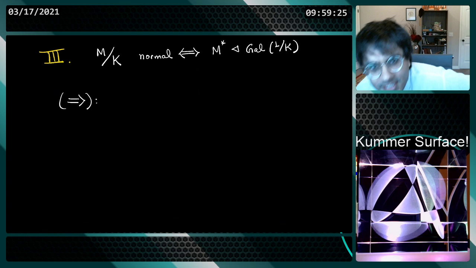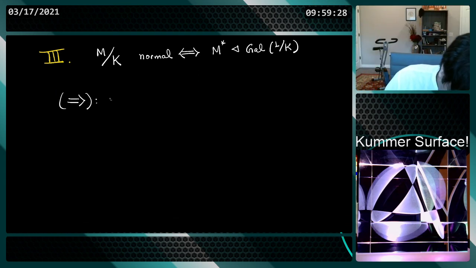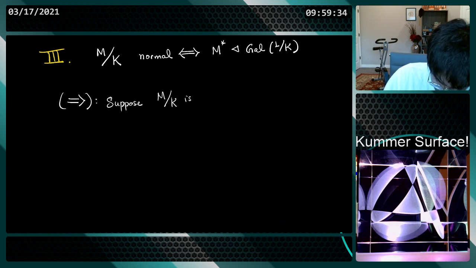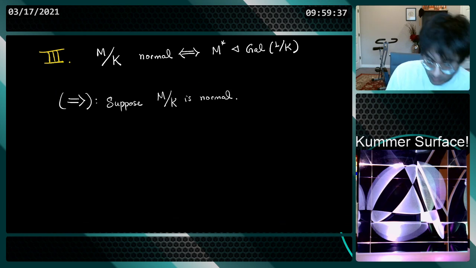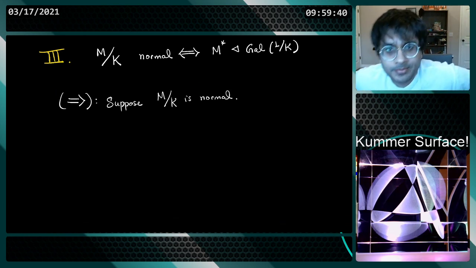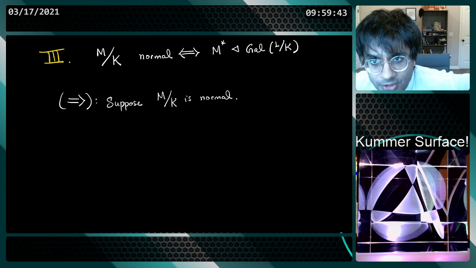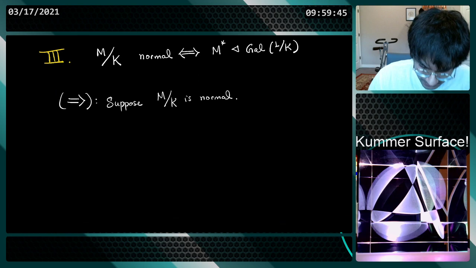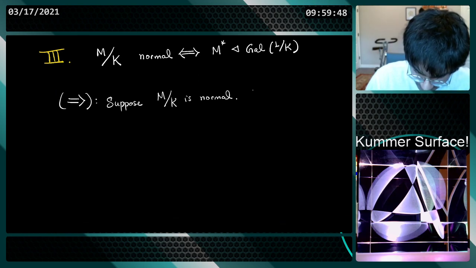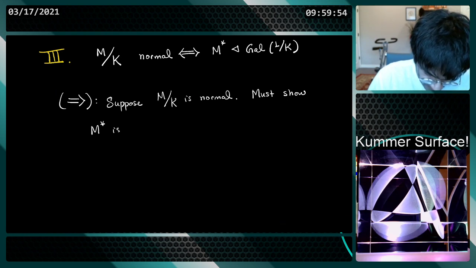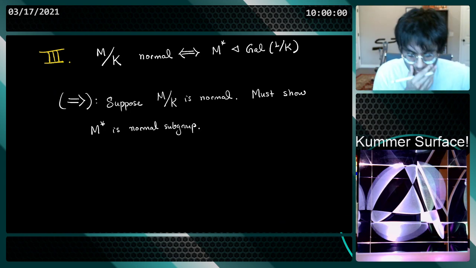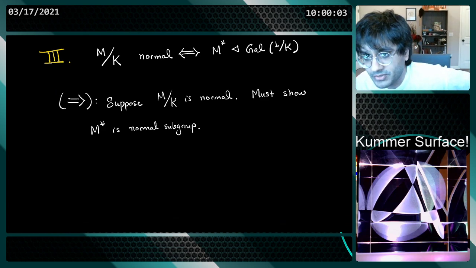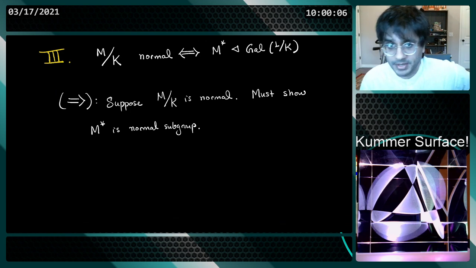Suppose M over K is normal. Now I'm going to show that this group is a normal subgroup. Must show. This is the group of automorphisms of L that pointwise fix M.